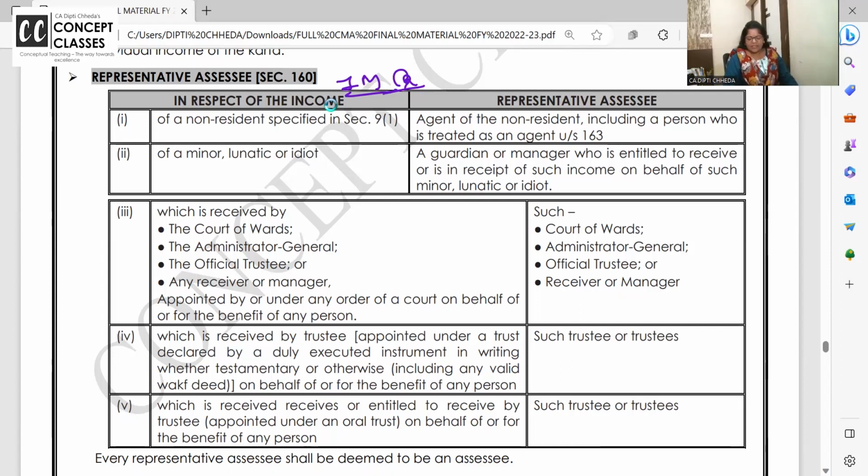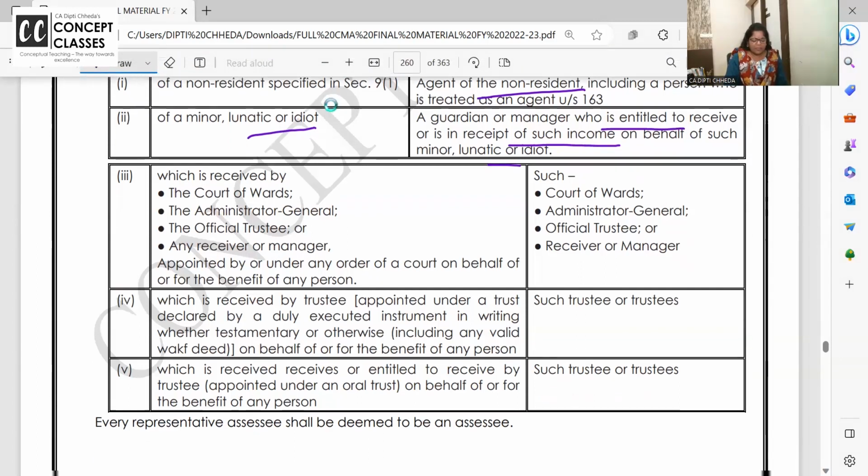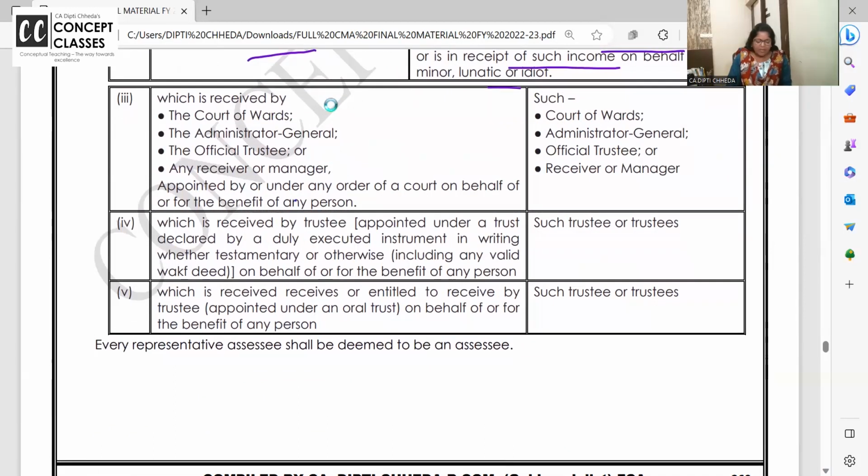In case of a non-resident, the agent of the non-resident. Non-residents have agents in India who do purchase, sale and transactions on their behalf. Or if a person is a lunatic or minor, then the guardian or manager who is entitled to receive. Or income received by a court of wards and trustees, then those court of wards managers, or income received by a trustee under a trust declared by duly executed writing, testamentary or otherwise. For a registered trust with a deed, who will be the legal representative?